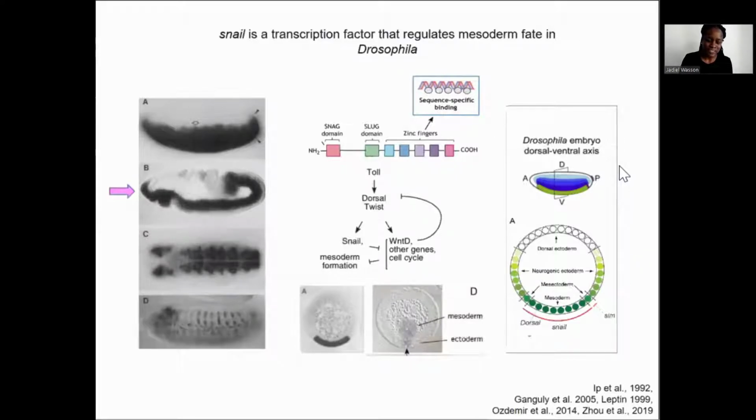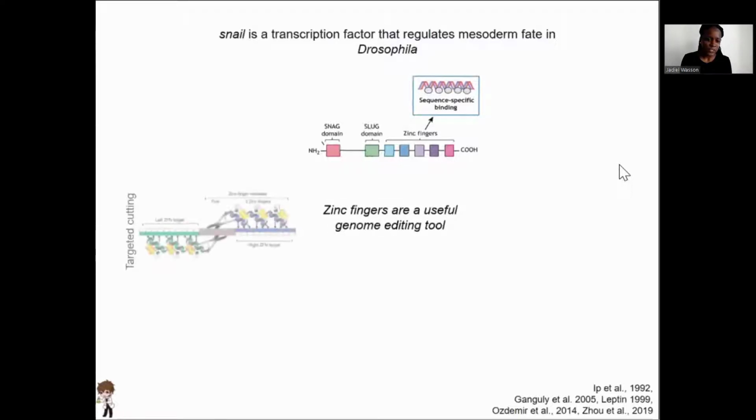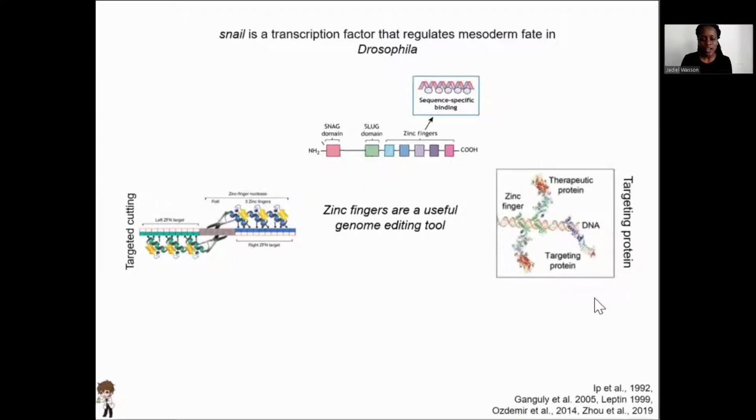What's cool about these zinc fingers is that researchers have co-opted them to utilize as genome editing tools. They've used them to induce targeted cutting of loci, and also to target specific proteins to specific loci. So you can think about zinc fingers as a precursor to CRISPR.